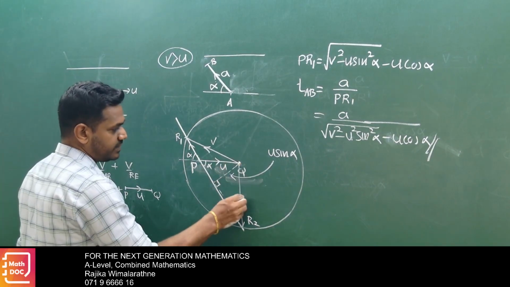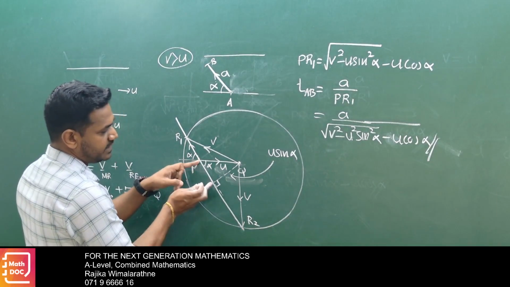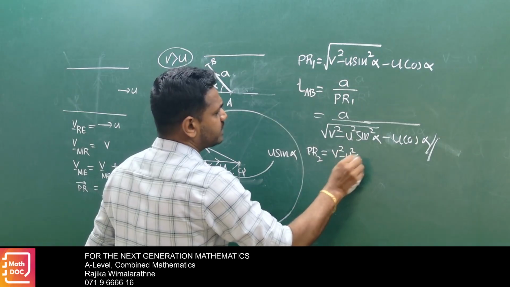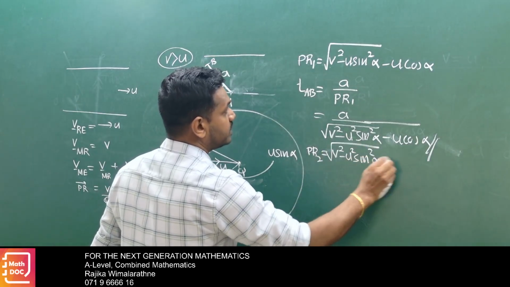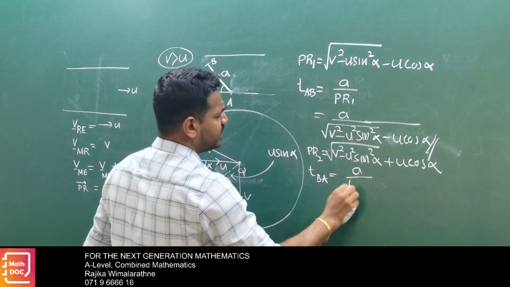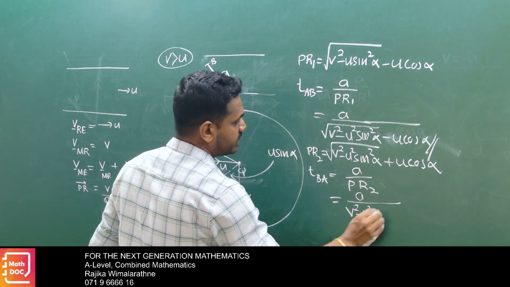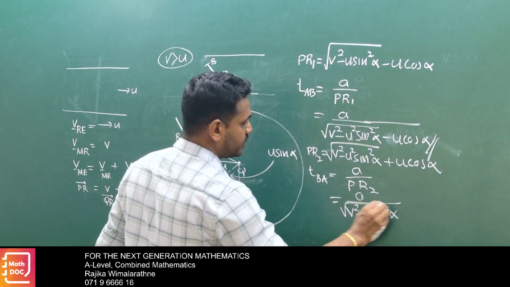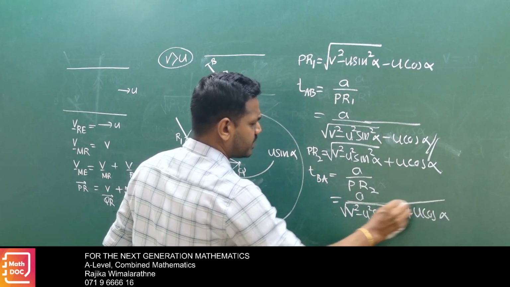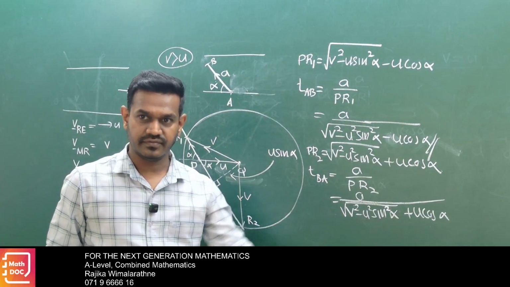Then here the triangle V. Then find this length, that is root of V square minus U square sin squared alpha, add U cos alpha. Then PR2 is root of V squared minus U squared sin squared alpha plus U cos alpha. Then finally TBA is A over PR2, A over root of V square minus U square sin squared alpha, square root only for this part, plus U cos alpha. Square root only for V square minus U square sin squared alpha, no?